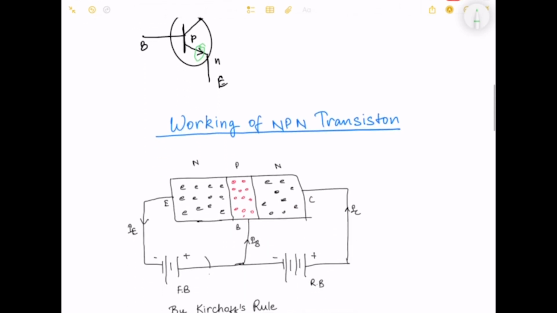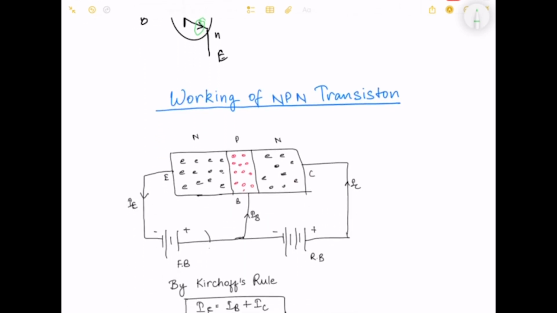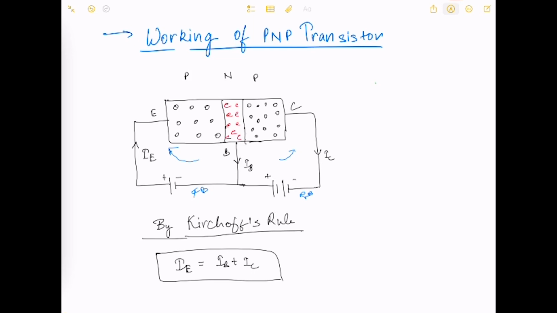Working of an NPN transistor. First, the NP junction in an NPN transistor is forward biased, and the PN side is reverse biased, in which when a negative voltage is applied in the N side and a positive voltage is applied to the P side, it pushes the holes in the P region towards the base region.